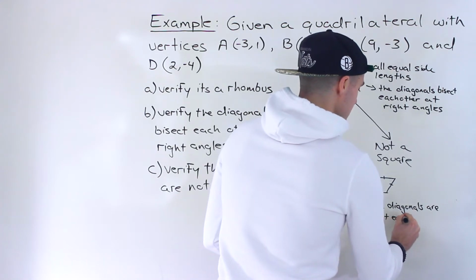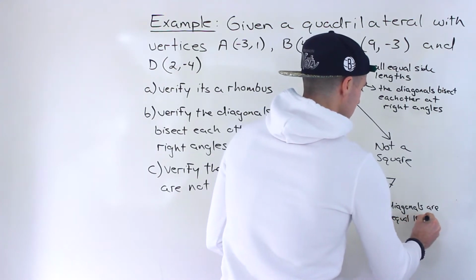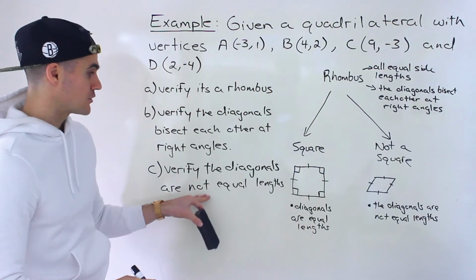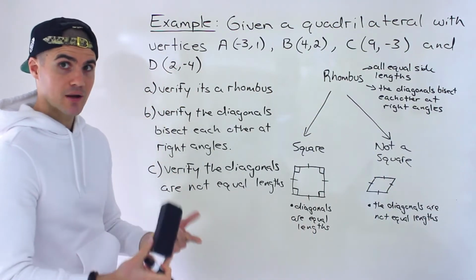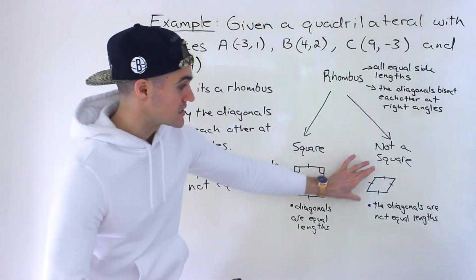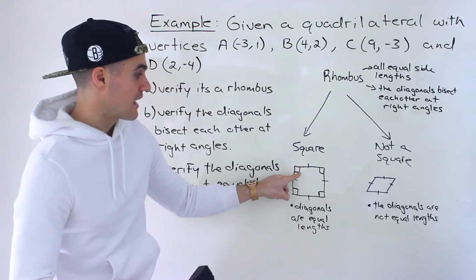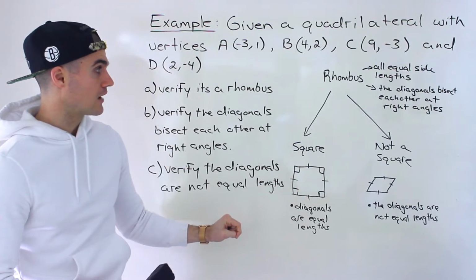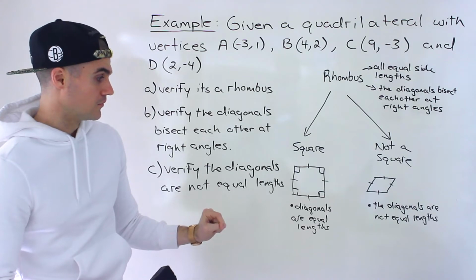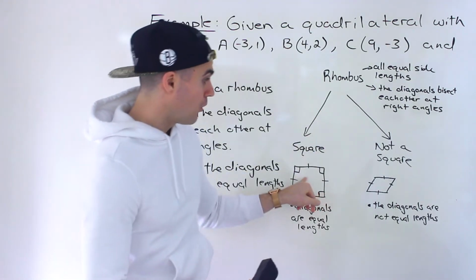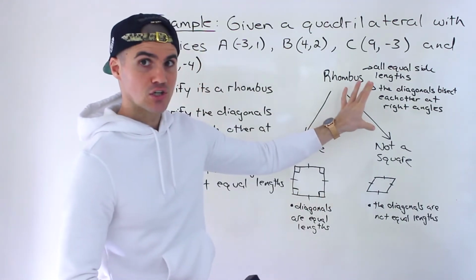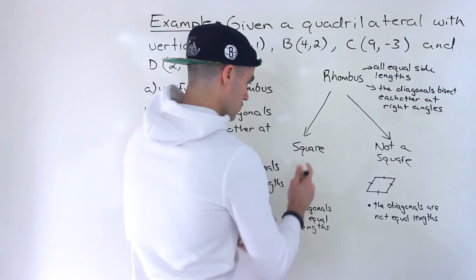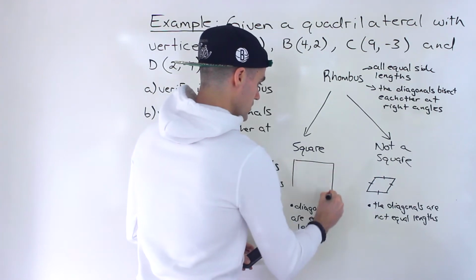And so notice that in part C, what we're going to show is that the diagonals are not equal lengths. So the type of rhombus that we're going to be dealing with is this kind of rhombus. It's not going to be a square, meaning that those angles are not going to be right angles. They're not going to be 90-degree angles within that quadrilateral. Right? So for both of these, the diagonals still bisect each other at right angles. So let's draw a square here.